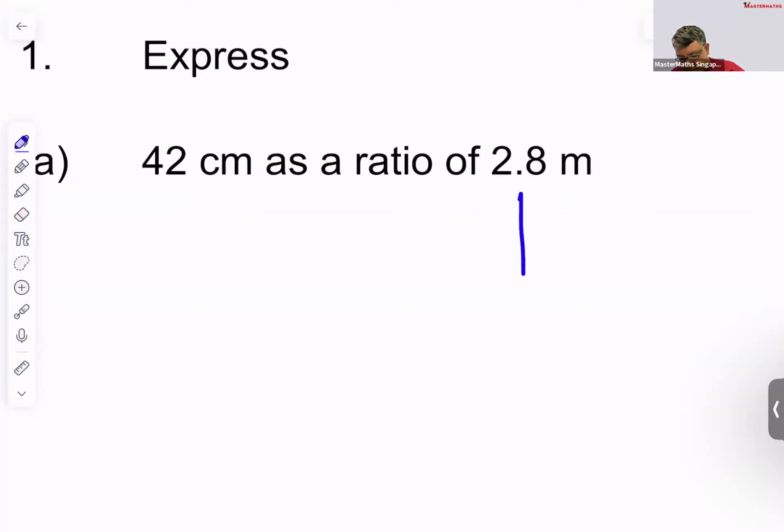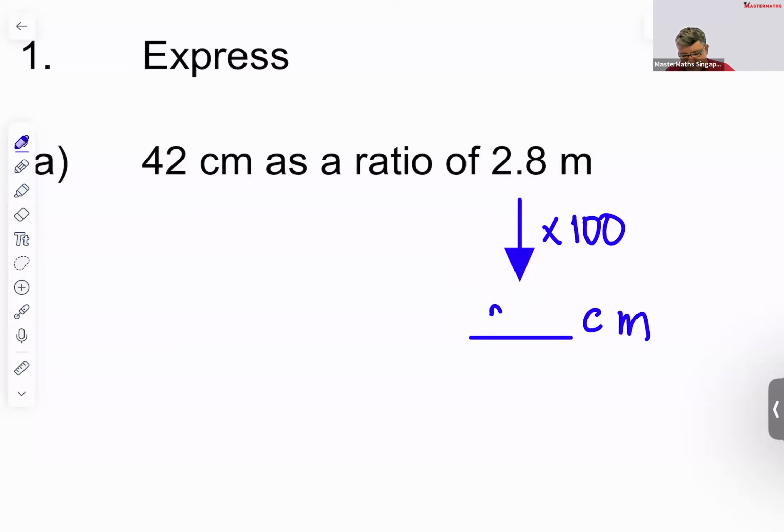Do you all know how to change meters to cm? Zima? Times what? Meter to cm times? 100. Okay. This is P6.